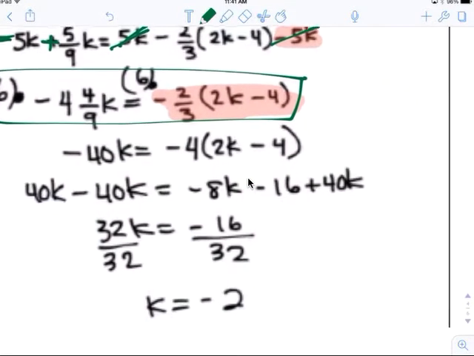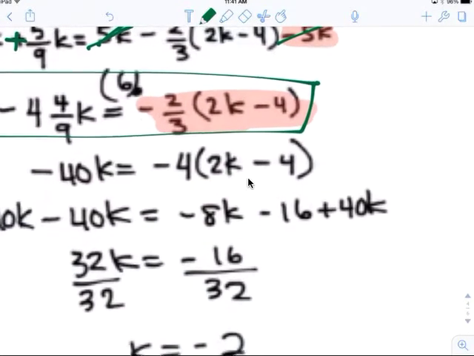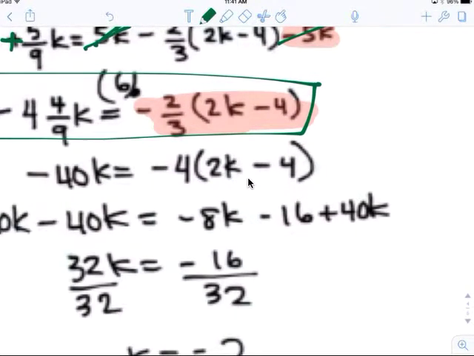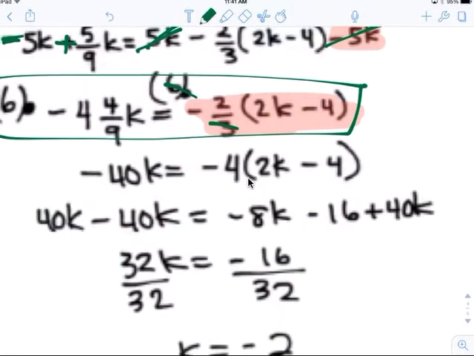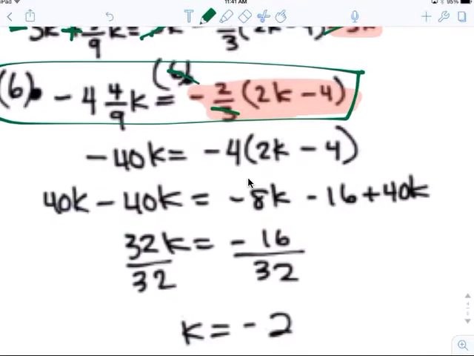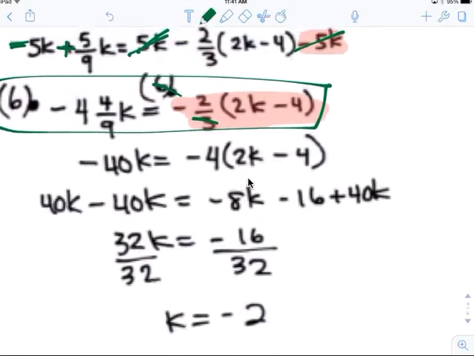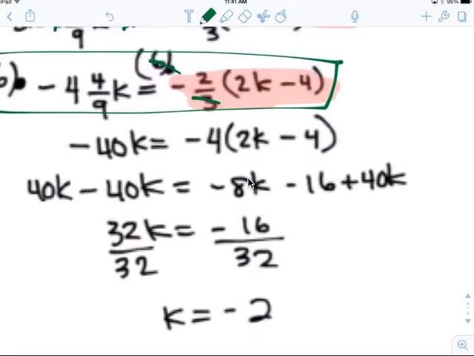And then they did that correctly. It's -4. And then it made 40 equal to 0. That's bad.